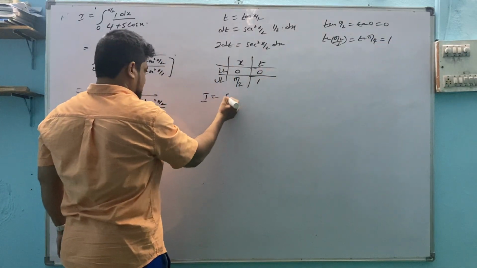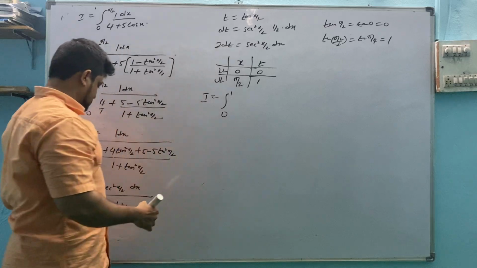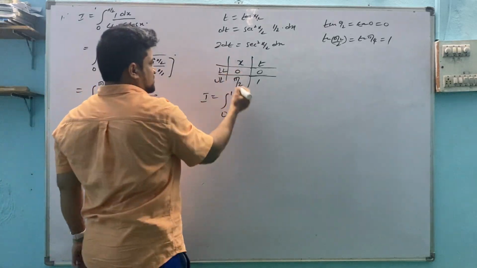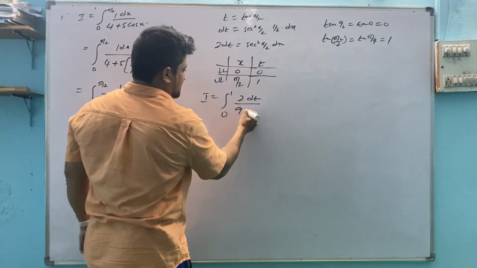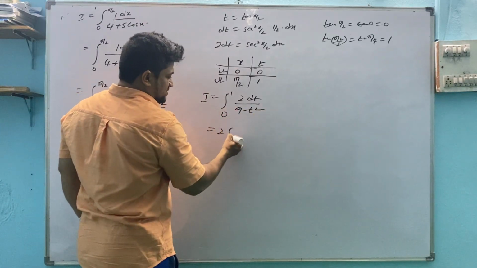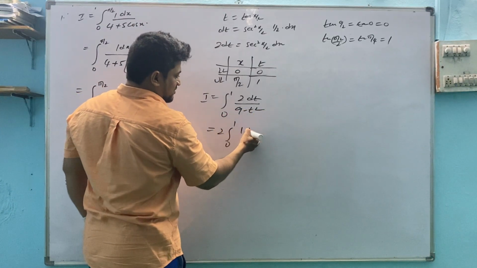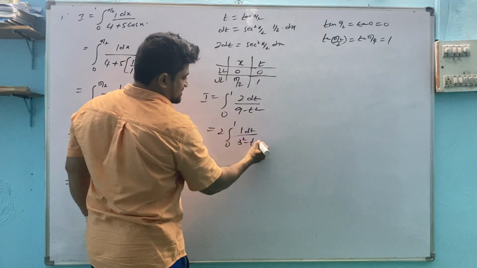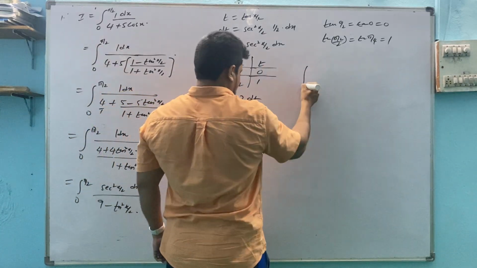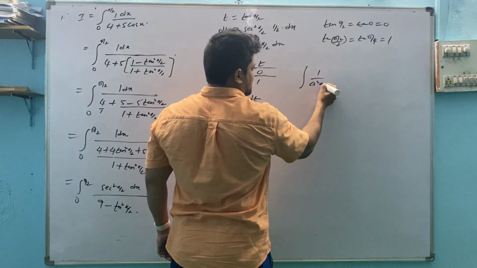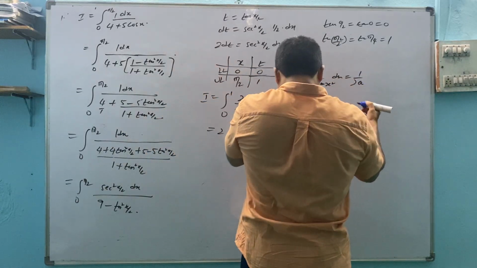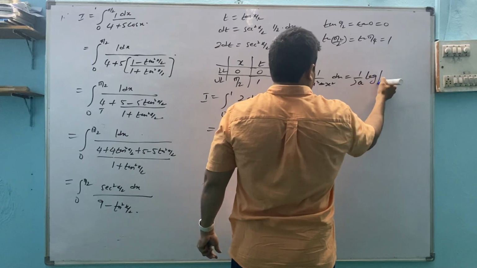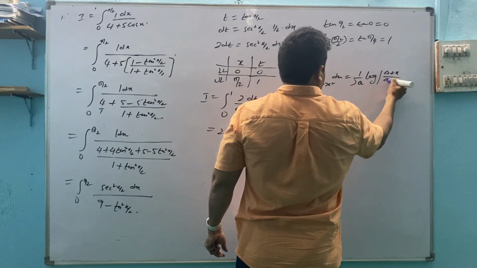So I is equal to integral 0 to 1 of secant square x by 2 dx, which is 2 dt, divided by 9 minus t square. 2 is outside: 0 to 1, 1 dt by 3 square minus t square. We have integral 1 by a square minus x square dx equals 1 by 2a log mod of (a plus x) by (a minus x).